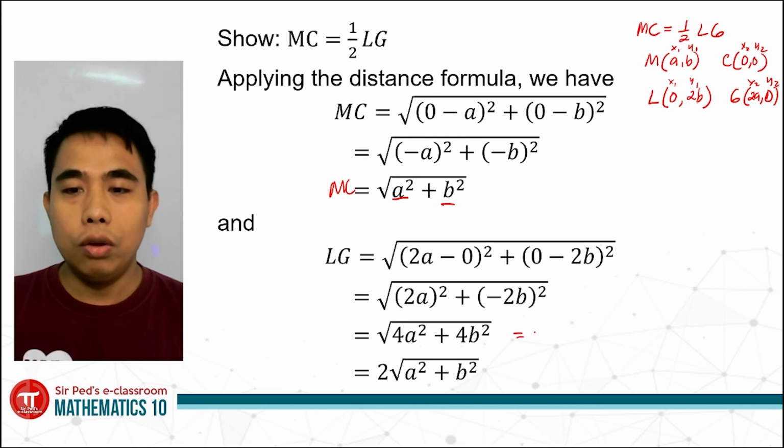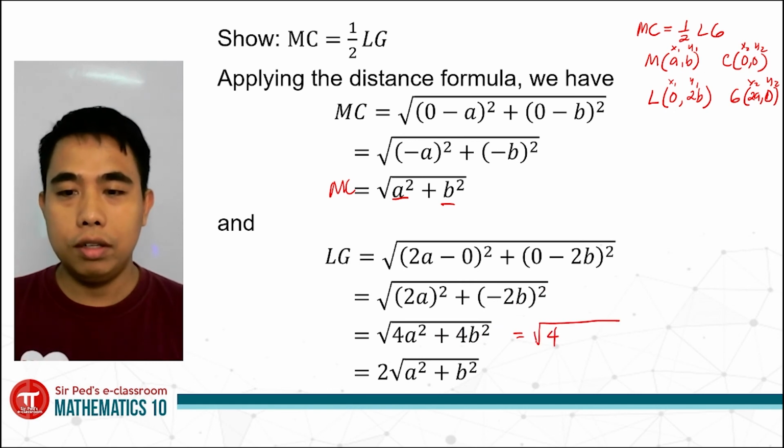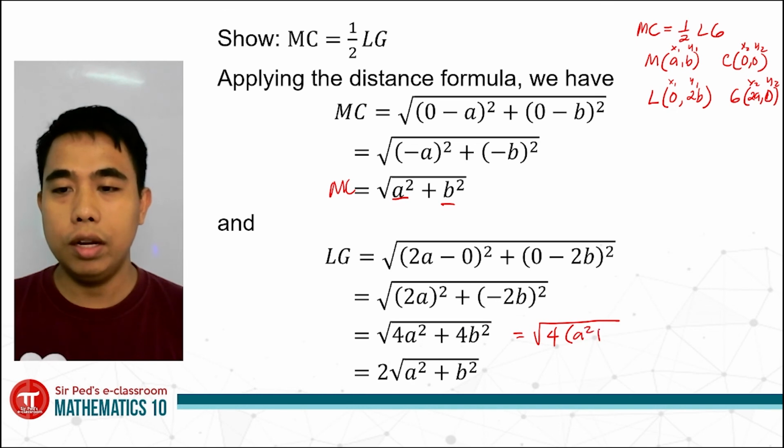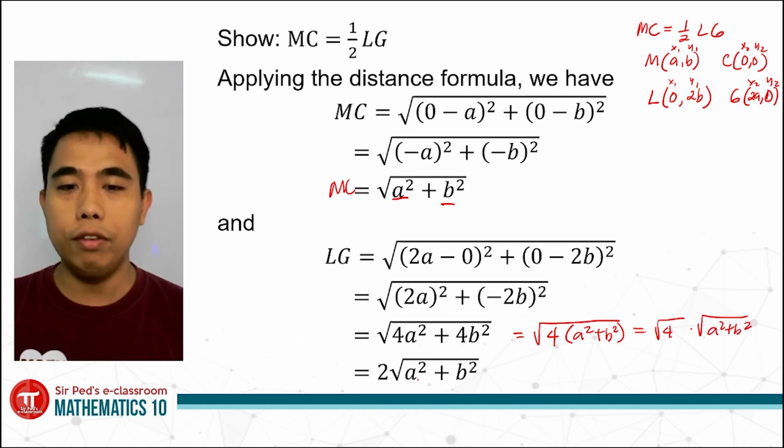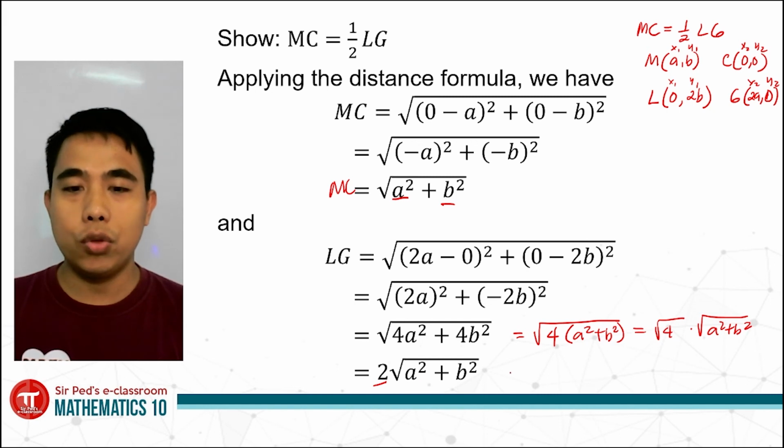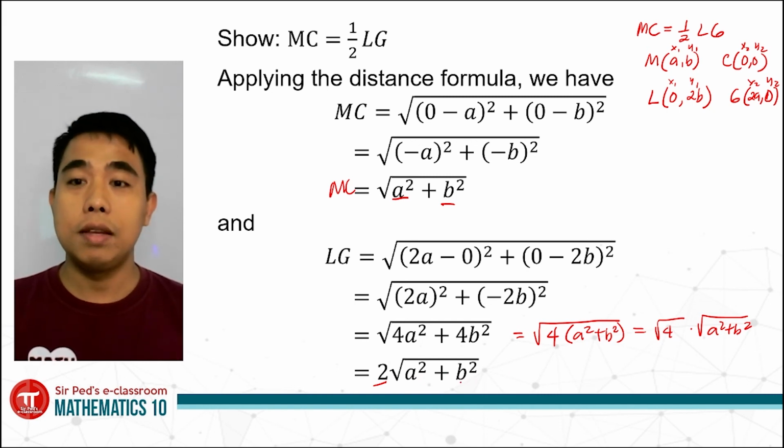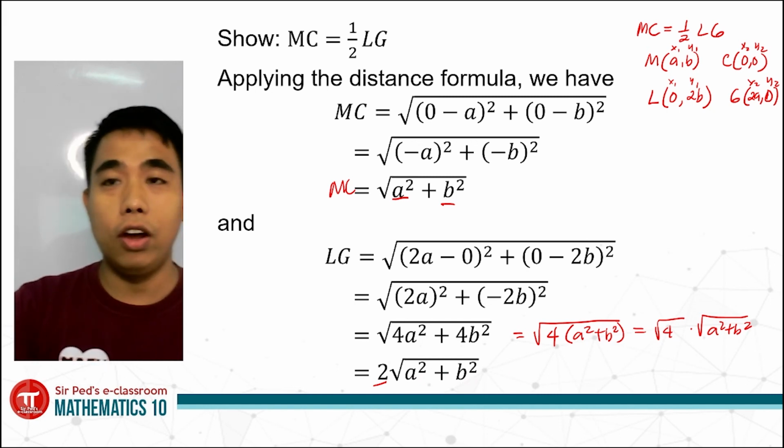Then we can factor out 4, so that is equal to the square root of 4 times a squared plus b squared. So we can now write this as square root of 4 times the square root of a squared plus b squared. Square root of 4 is 2, the square root of a squared plus b squared. So that's the length of LG.